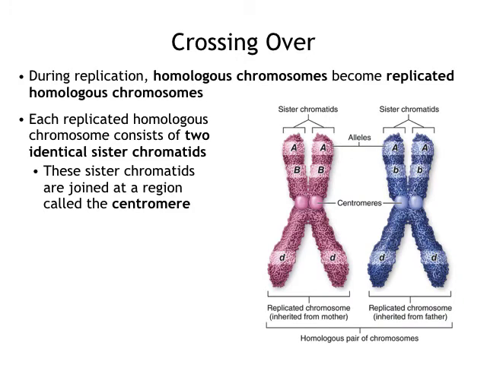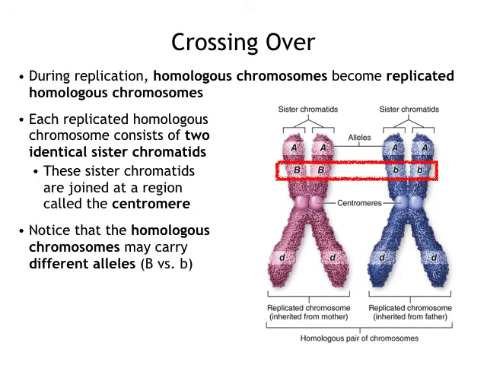Okay, so what I want to point out here is, notice that the homologous chromosomes carry the same set of genes. In this case, we're only highlighting 3 of them, gene A, gene B, and gene D. But homologous chromosomes can carry different alleles.